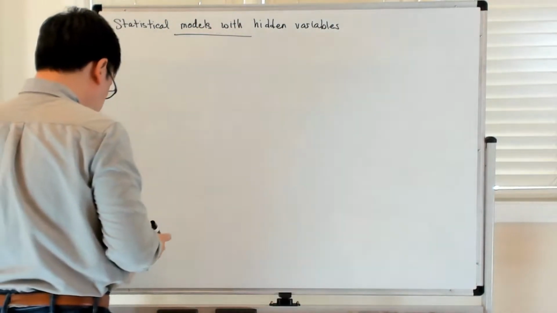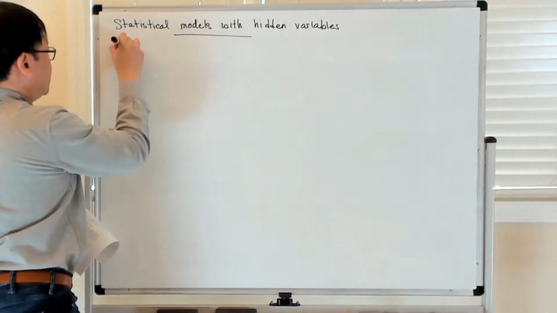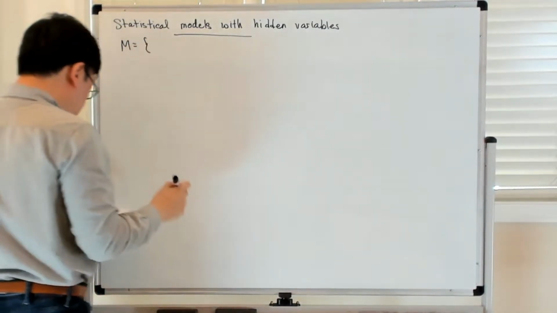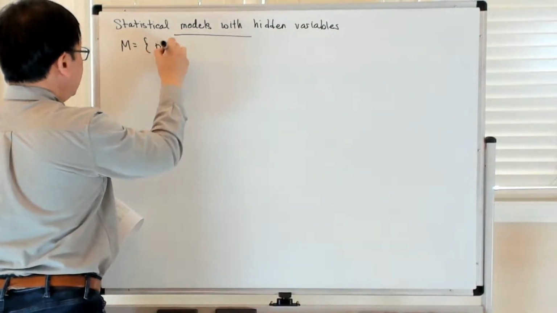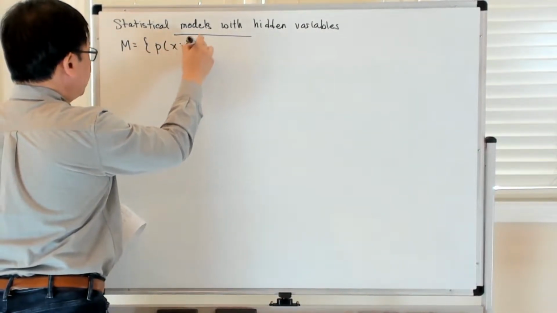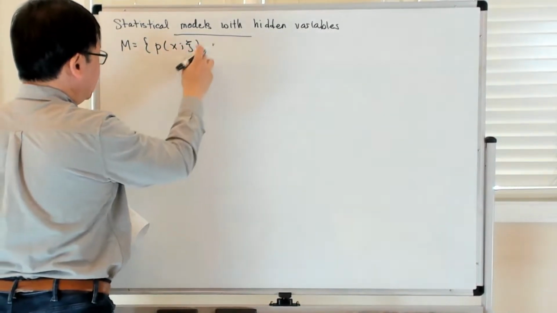Okay, so let's say we have a statistical manifold M, which consists of probability distributions, parameterized by parameters c.